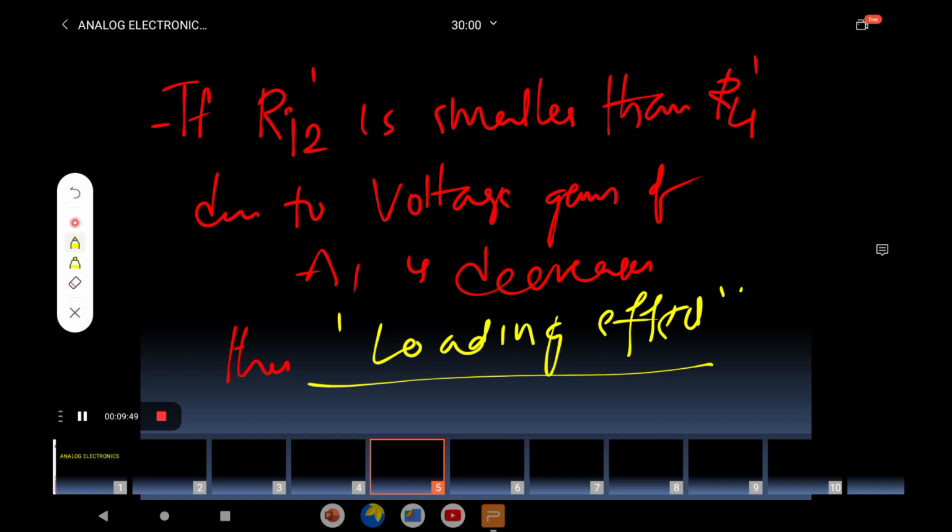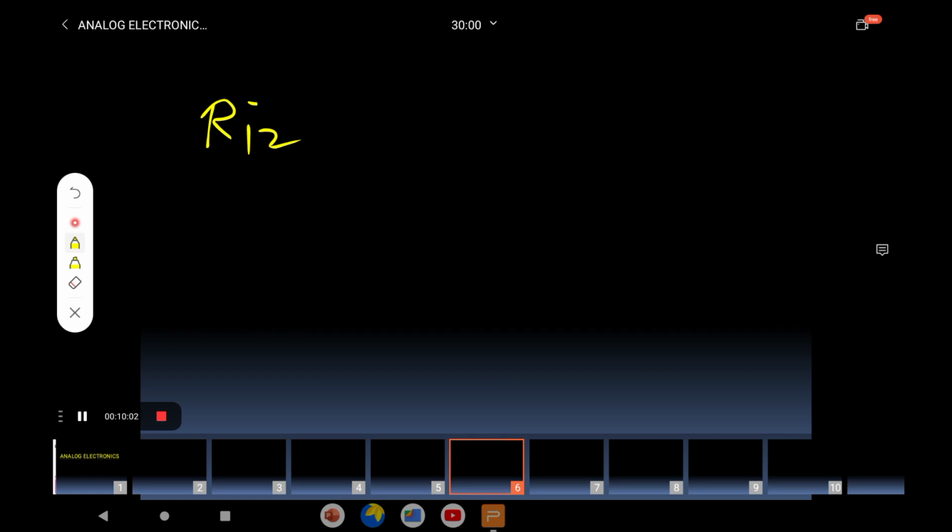At the same time, second case: suppose RI2 dash is larger than RL1 dash. We don't have any loading effect.